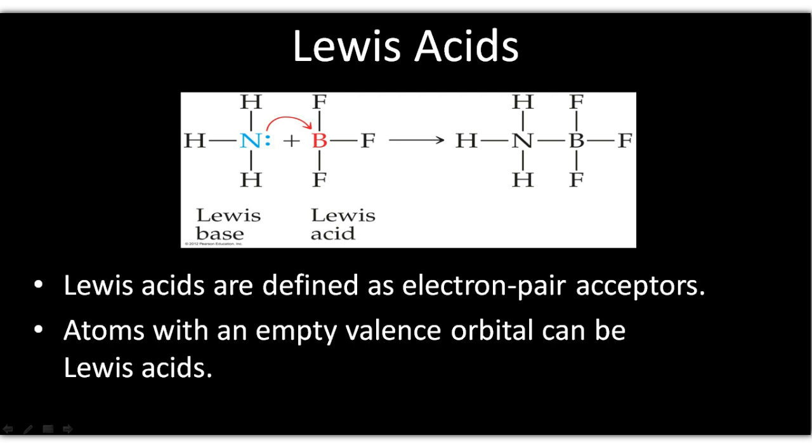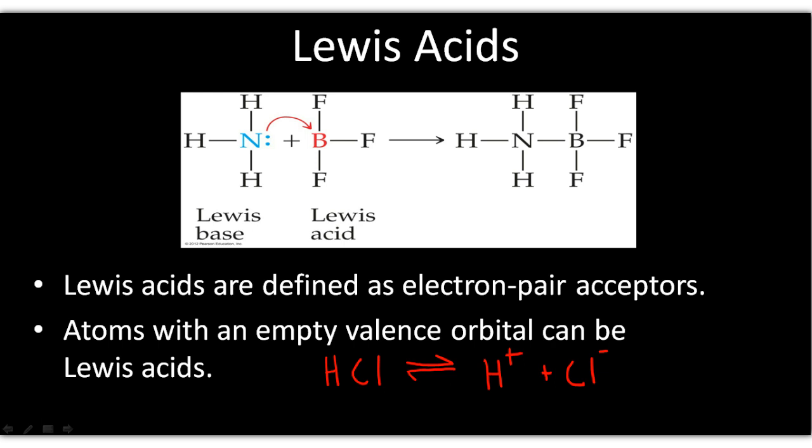So here's another way of taking a look at a Lewis acid and a base. And we'll go a really basic one here. We'll take a look at HCl. So HCl we just typically look at as an acid. But what's the acid and what's the base in regards to Lewis? Well, we know that we're going to be getting these as products, H+ and Cl-.